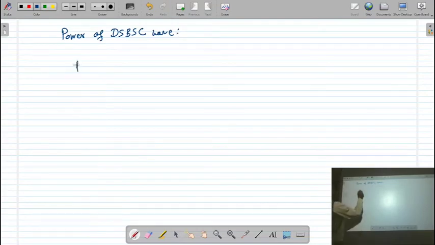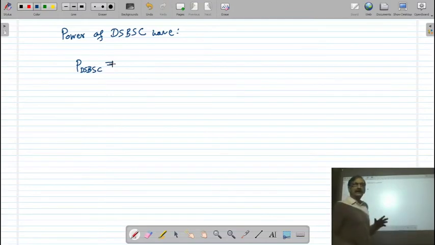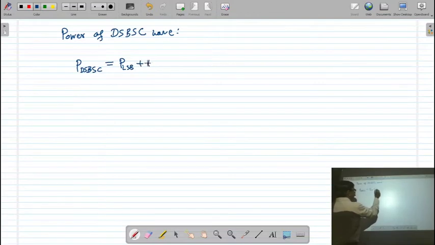So, the power of DSB-SC is written as follows. There are only two components. The carrier is not present. Therefore, there is the power with the lower sideband frequency and the power with the upper sideband frequency. So we can write the power of the lower sideband plus the power of the upper sideband.